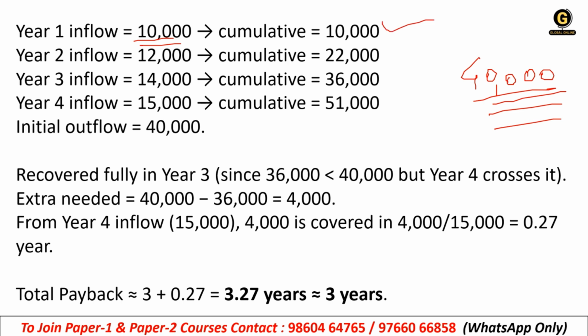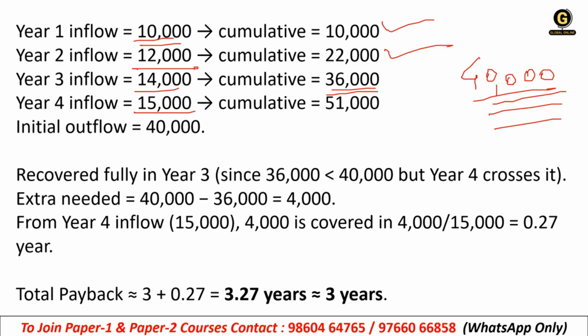The second year it is 12,000, added to 10,000, the cumulative becomes 22,000. In the third year the inflow was 14,000, added to 22,000, it becomes 36,000. In the fourth year, 15,000 inflow was there, and cumulatively it is 51,000.